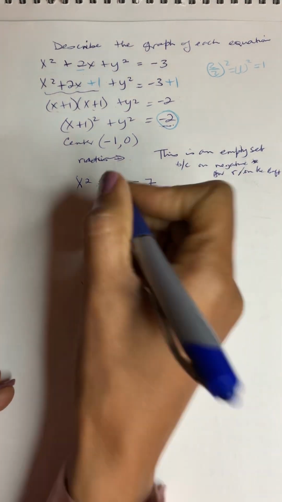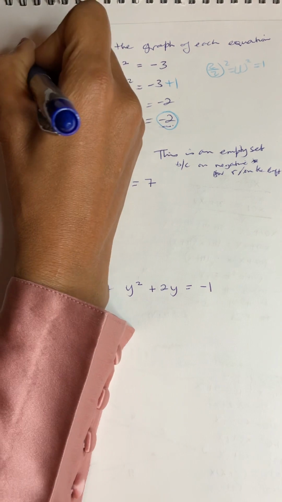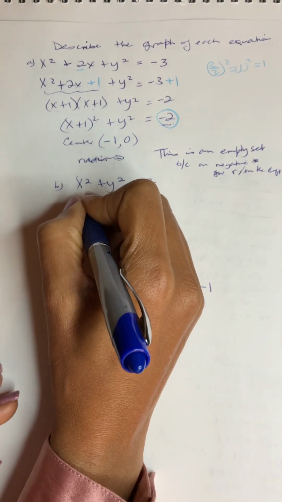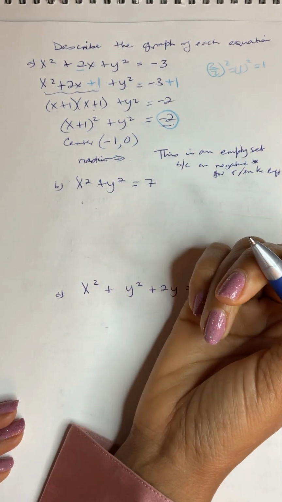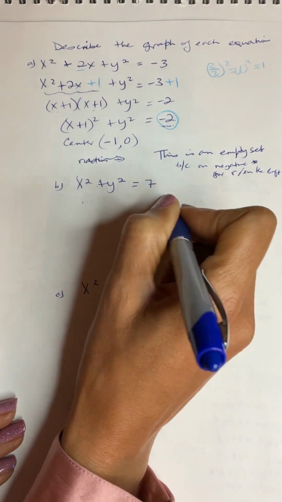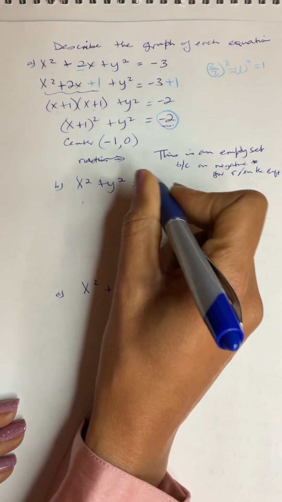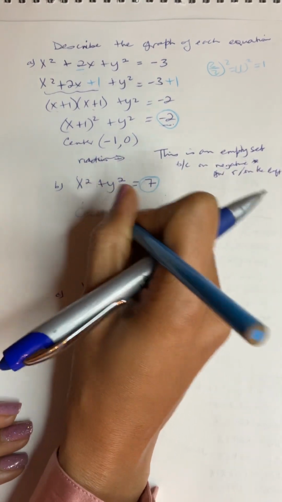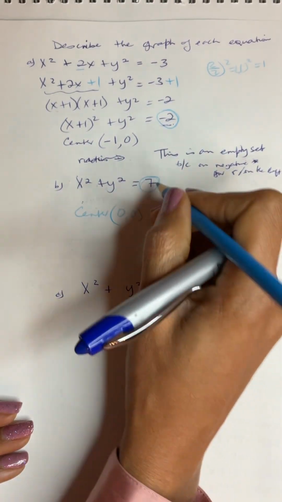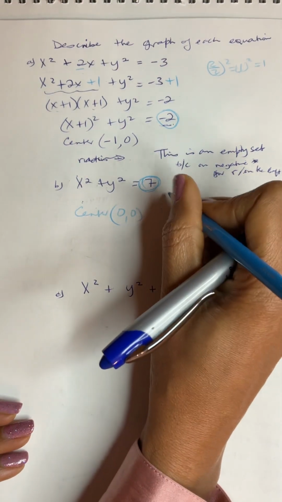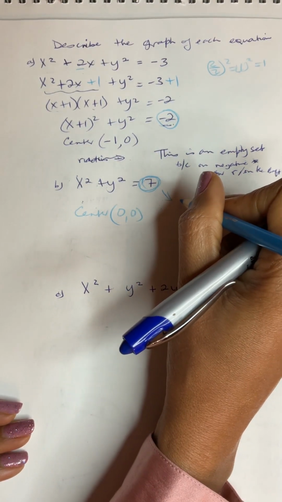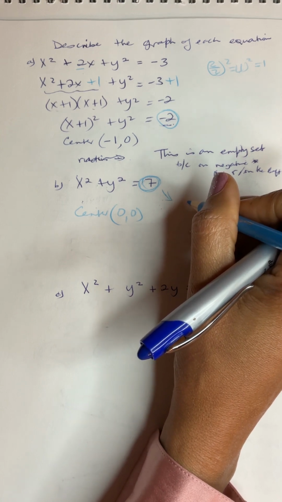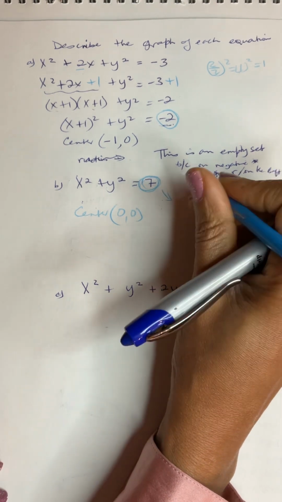Okay, now let's look at this example. This is B. Let's do the A. Sorry, should have done that before. Obviously with this one, we have 7 here. This number 7 is positive, so your center is going to be 0, 0. And because this number is positive, it is an equation of a circle.